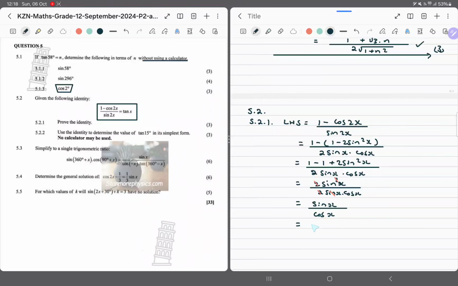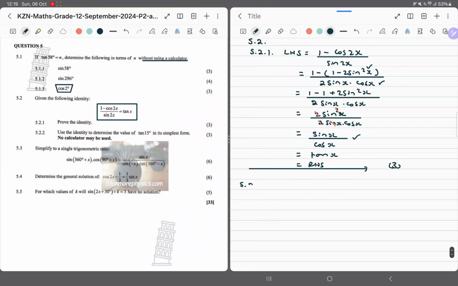So sine over cos, it's an identity of tan x. And this is equal to what was on the right hand side. And our identity has been proven. So 3 marks. Obviously, guys, whenever you use identities, you get 2 marks straight up. Now, obviously, guys, the rest is history, isn't it? And then simplifying to that, which then simplifies to what was given and the final answer. So easy 3 marks.